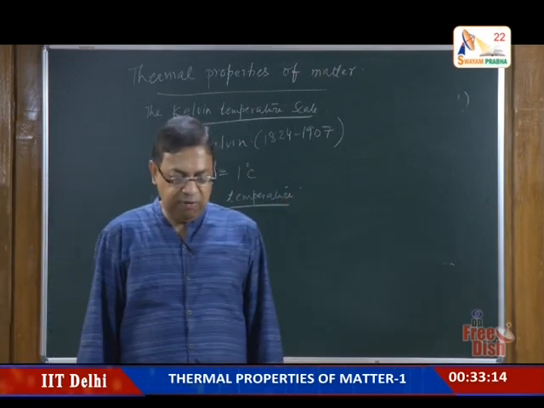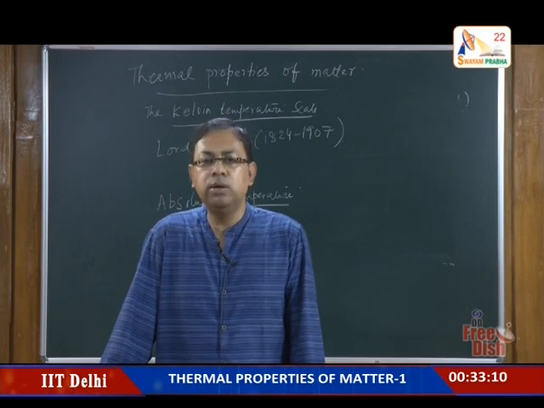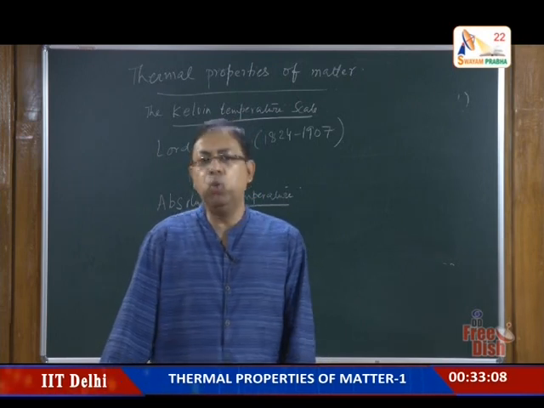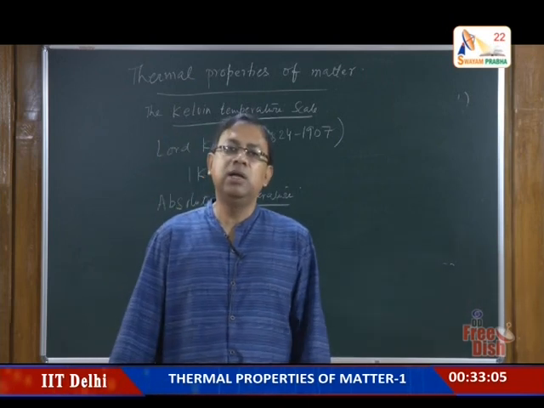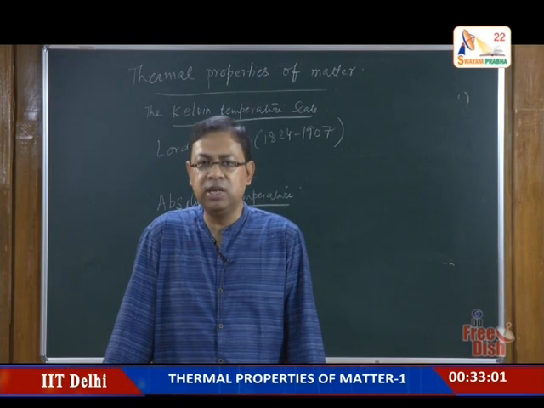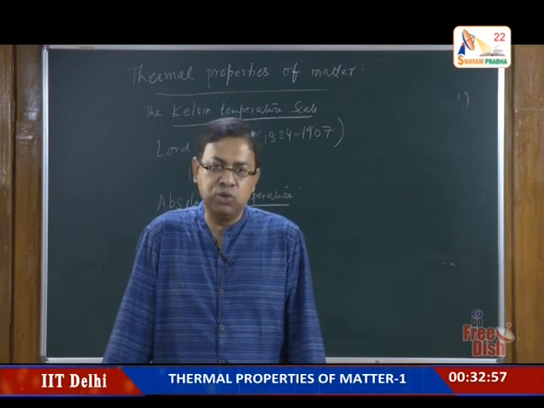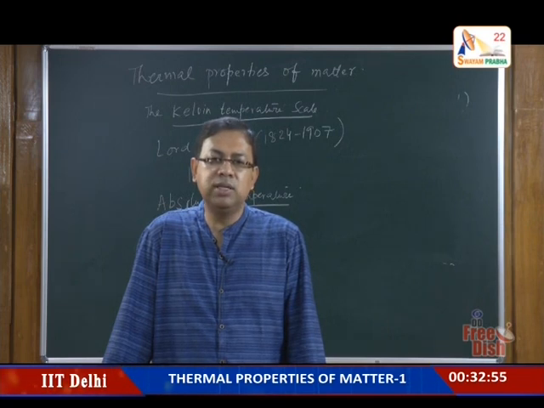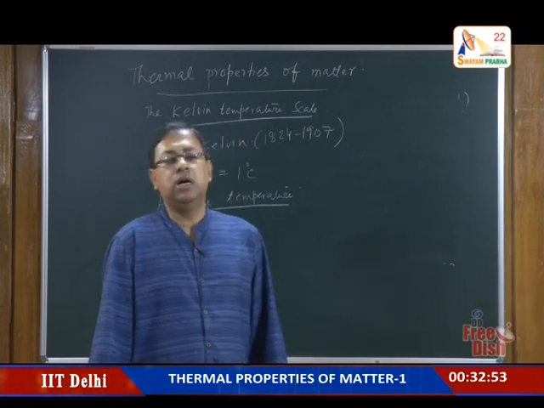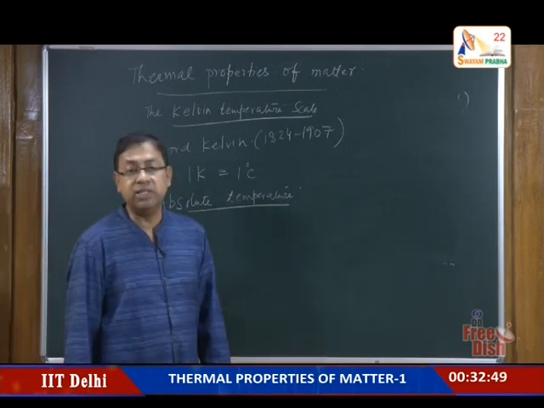One can define an absolute zero temperature below which no physical substance can exist. It is not physically possible to go below absolute zero, which is the zero, the lowest temperature in the Kelvin scale.